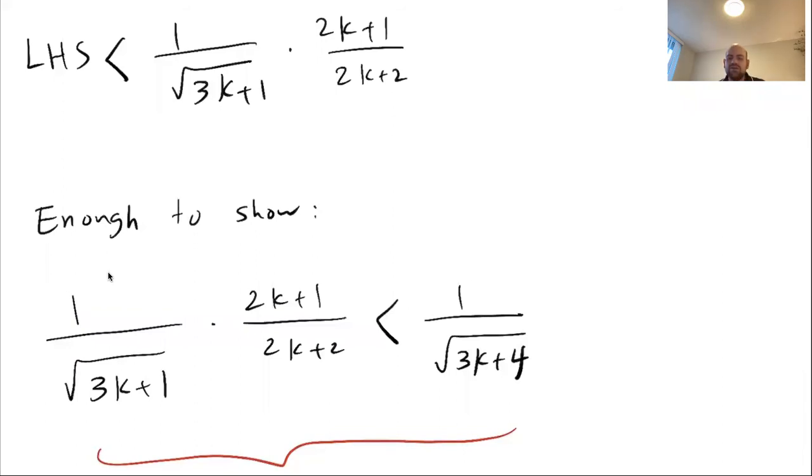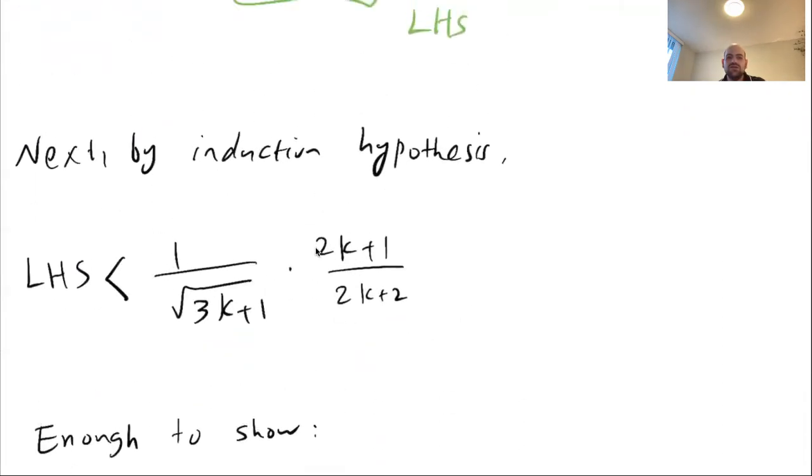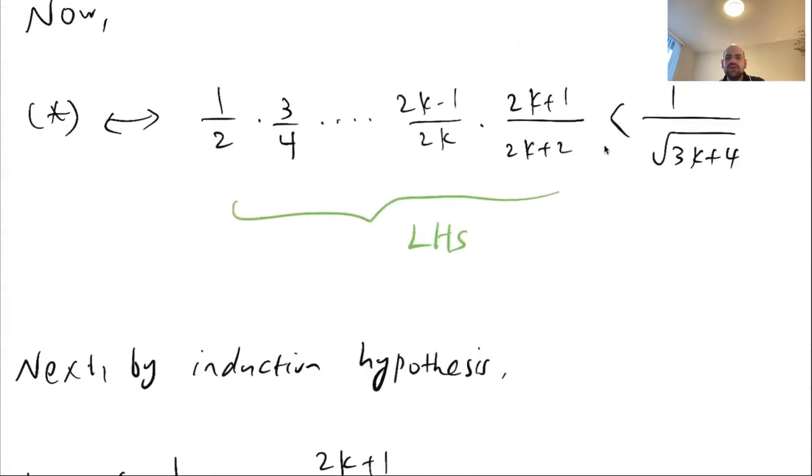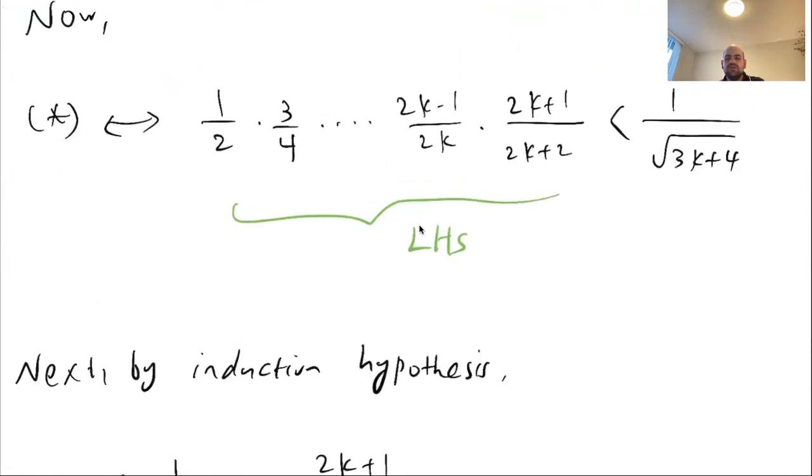Why was it enough to show 2 star? Because if 2 star holds, then this guy will be less than this guy. And that means left-hand side is less than right-hand side, which is what we needed to show in order to complete the inductive step.